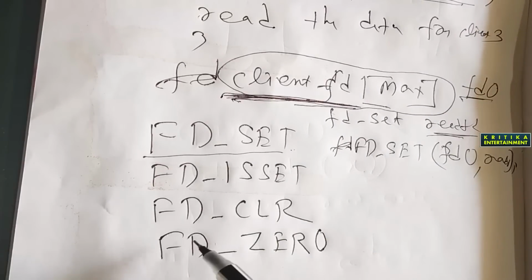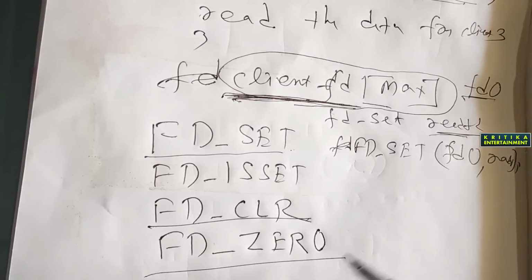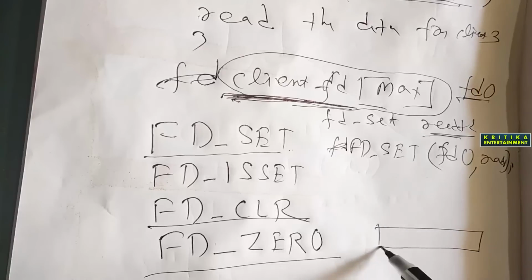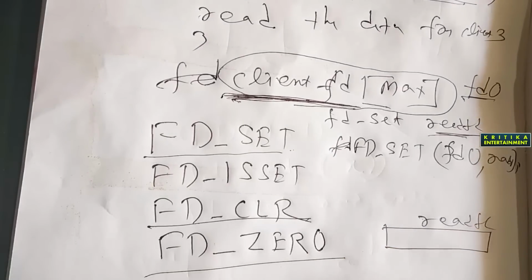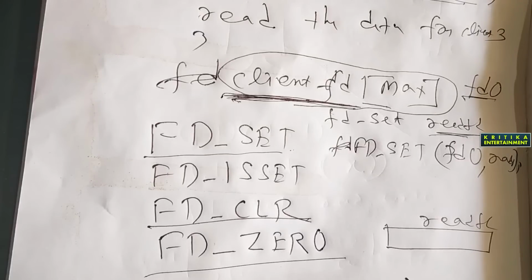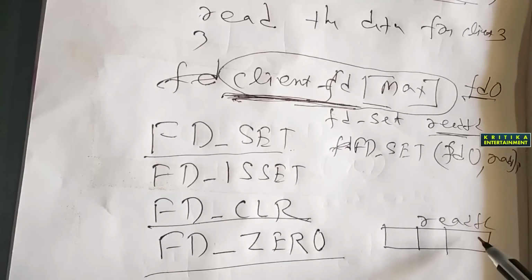Then I will tell you the function of these two. Suppose I have declared the read FD set. Initially, all its bits should be stored as 0.